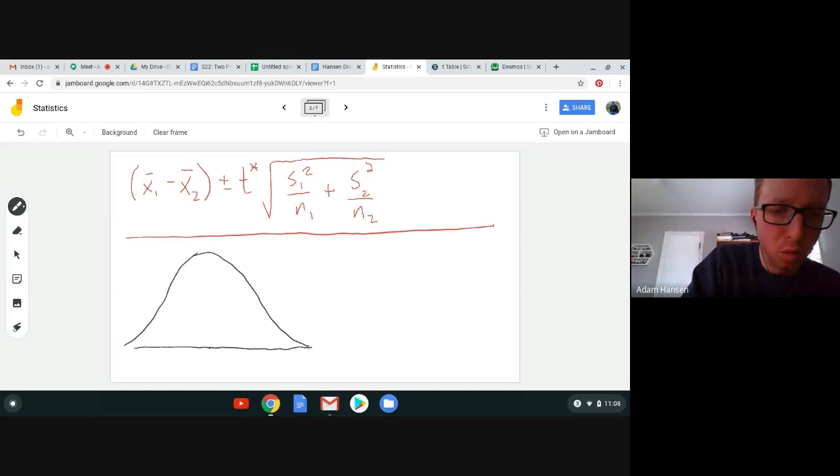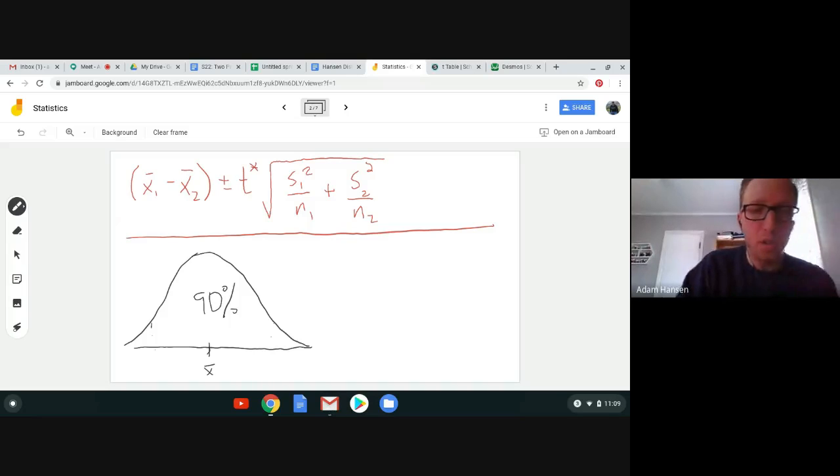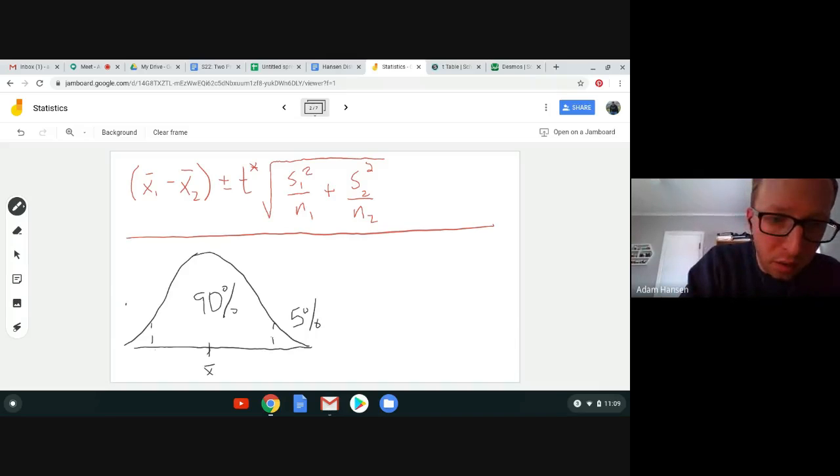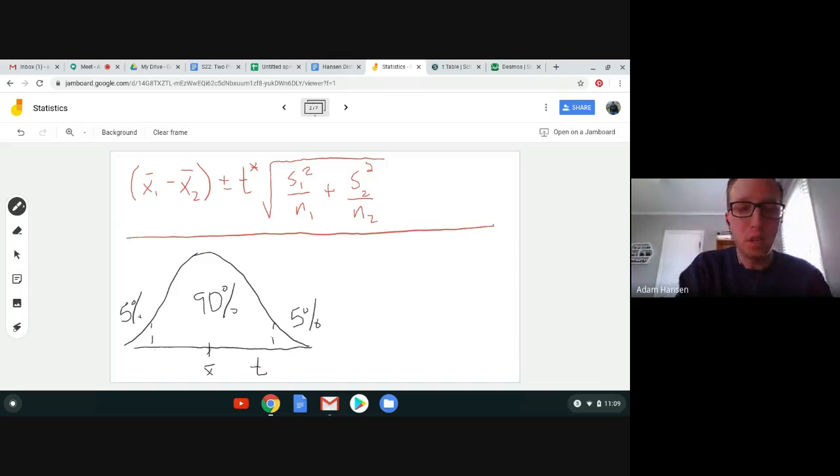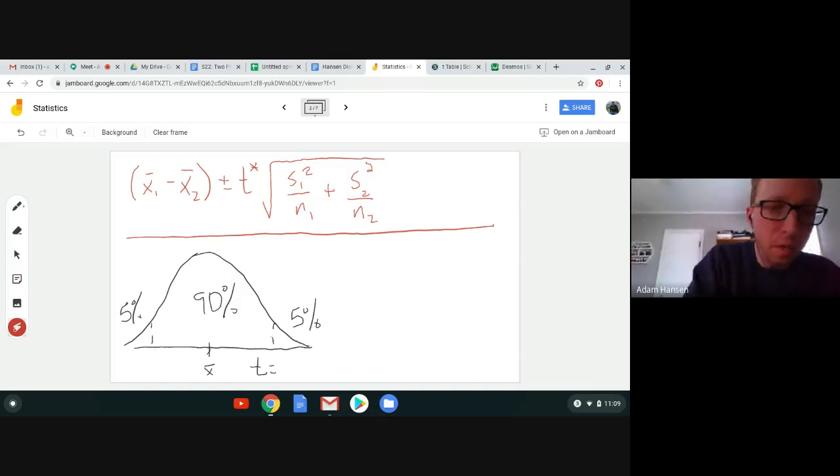So we take a sample, call it X bar, and I want a 90% chance, based off my margin of error, when I add and subtract it, of capturing the true population mean. Well, if I have 90% in the middle, that leaves me 5% in either tail. So I need to come up with a way to find the t-score where 95% of the distribution is to the left.